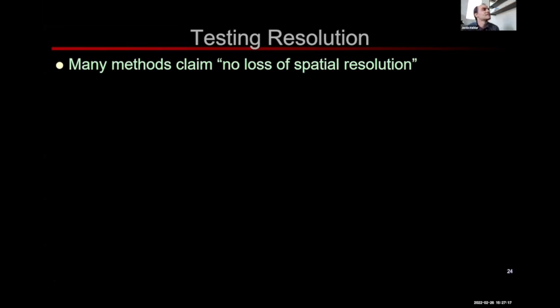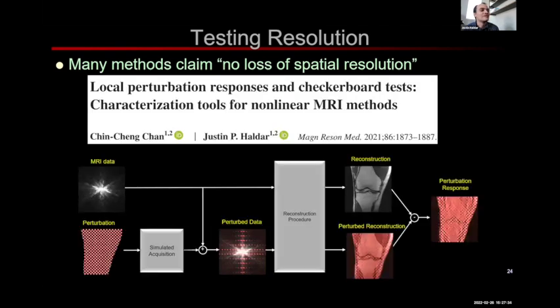I don't have too much time left, but I just want to quickly mention that there are many advanced constrained reconstruction methods out there today that claim that they don't lose any spatial resolution. If you see those, I would definitely encourage you to push back a little bit and ask for justification. So in my group, we've come up with some techniques that would allow you to ask this question: have I lost spatial resolution or not?